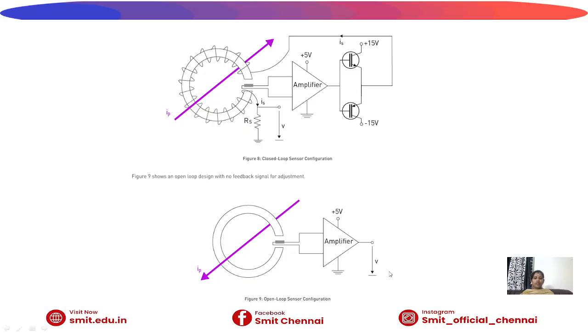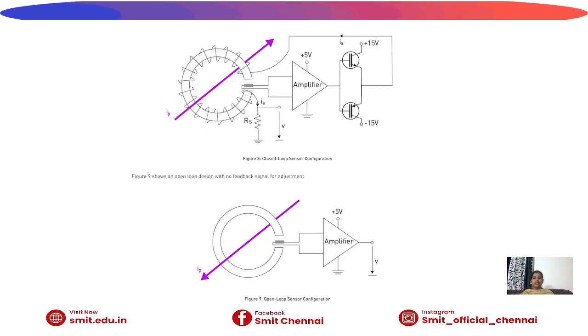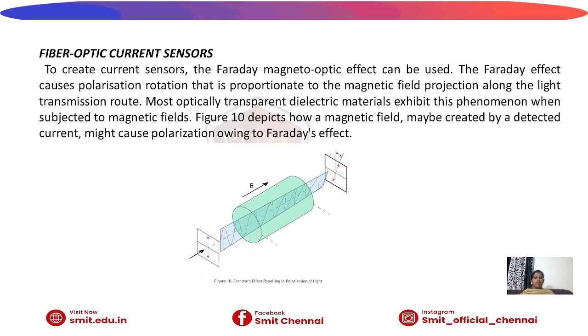These are the two configurations used in magnetic field based current sensors. Next one is the fiber optic current sensor. It senses the current using an optical effect. Faraday's effect is used for the principle of operation. The Faraday effect causes a polarization rotation that is proportional to the magnetic field along the light transmission route, that is in the center part.